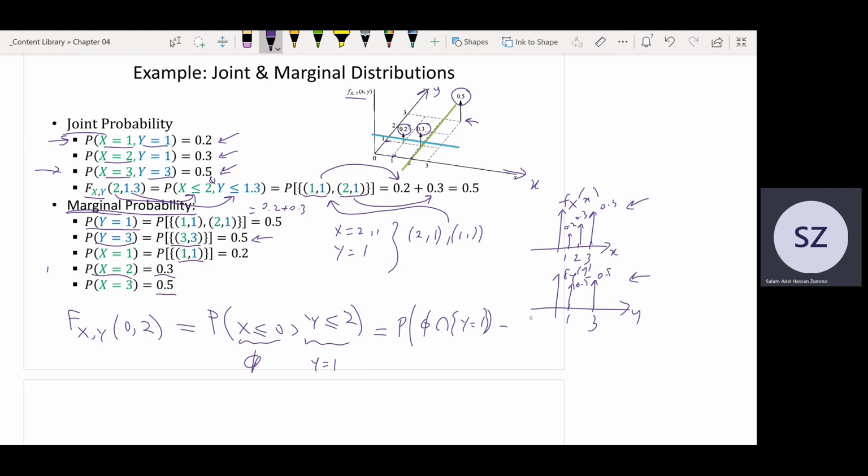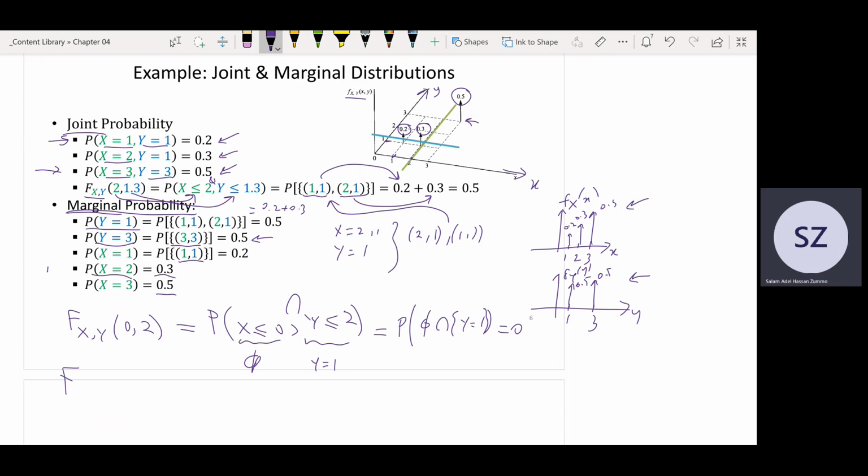Which is 0. So that at least you know how to do it. Because these are AND together at the same time. We always talk about the joint CDF; we said this is AND. AND is intersection. Okay?